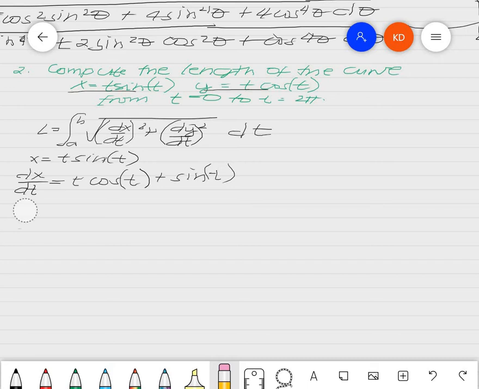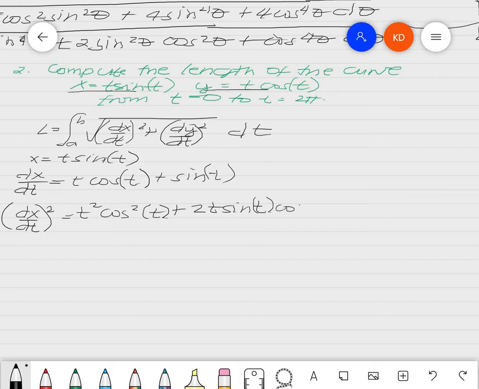Now let's find dx over dt quantity squared. So this is equal to t squared cosine squared t plus 2t sine t cosine t plus sine squared t, right?